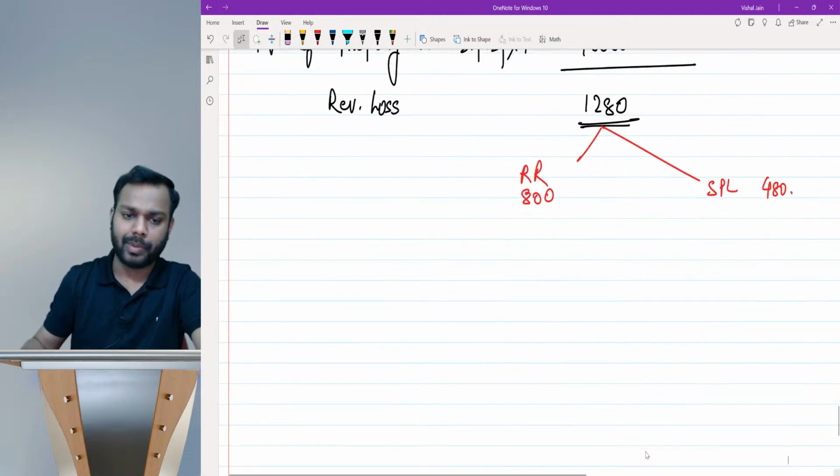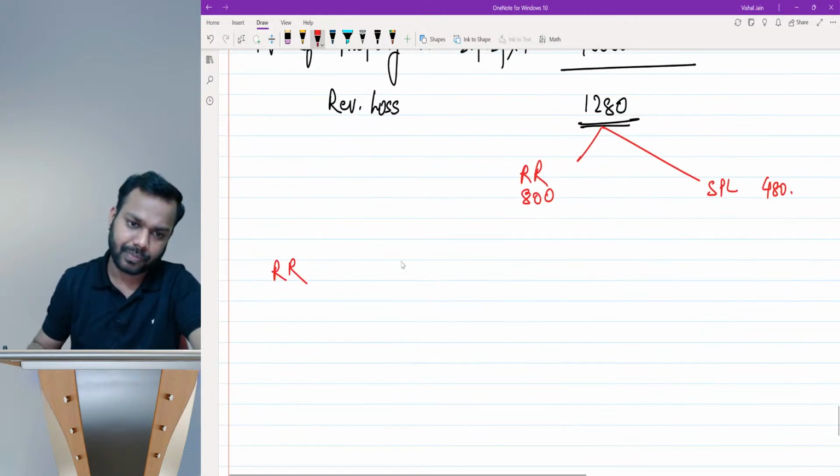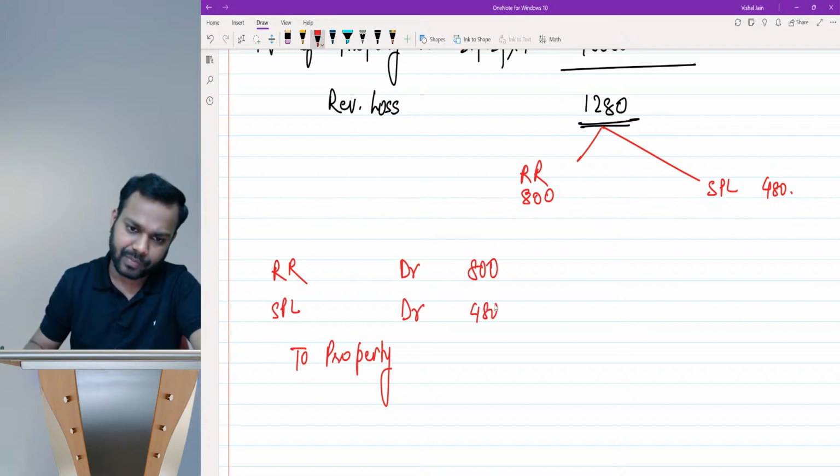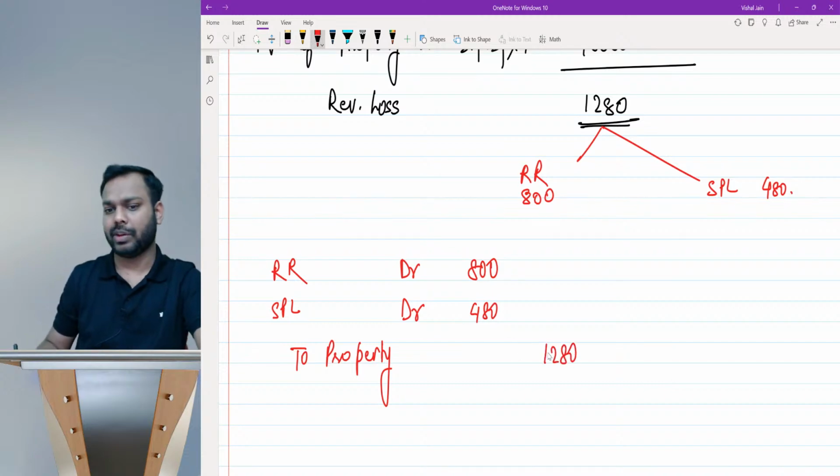So the journal entry will be revaluation reserve account debit, SPL account debit, to property. The amounts will be 800, 480 and 1,280, right?